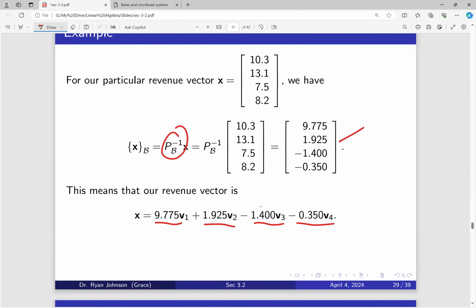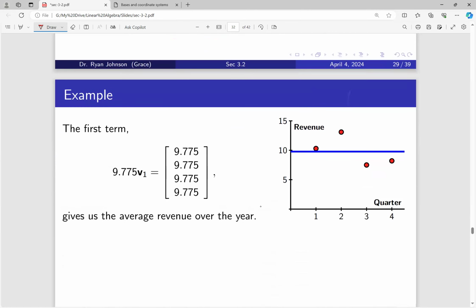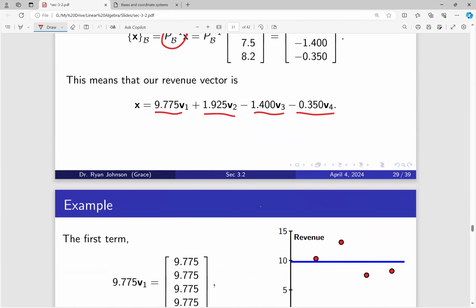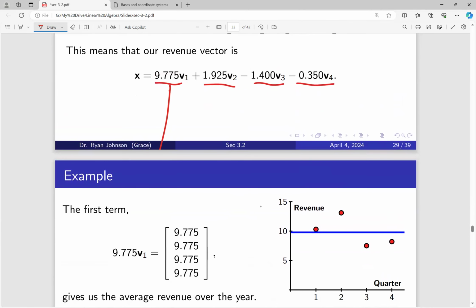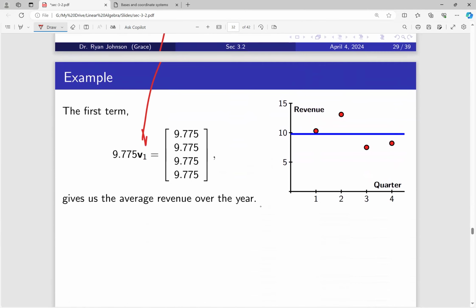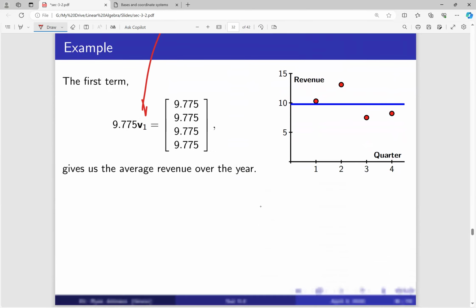Okay. Let's look at how that relates. So when you look at the first part, this one right here, then that graph is like this blue line right here. It's the average value over the year.